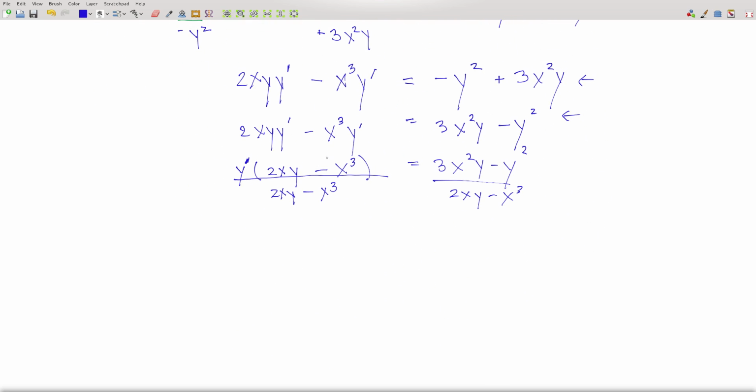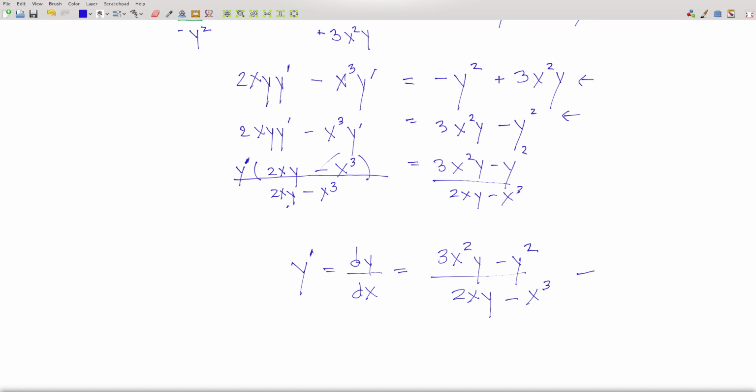Well, on the left-hand side, this goes. We now have y prime, which, by the way, is, of course, dy dx, is equal to 3x squared y minus y squared over 2xy minus x cubed. All right, well, let's hope that's what we were trying to show.